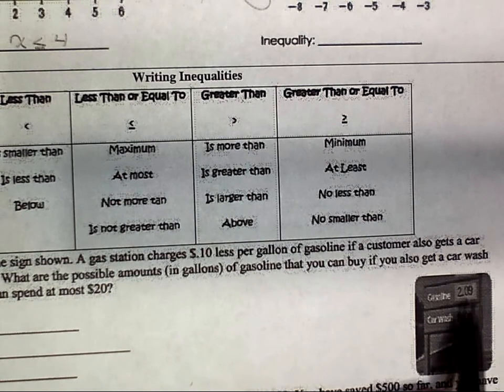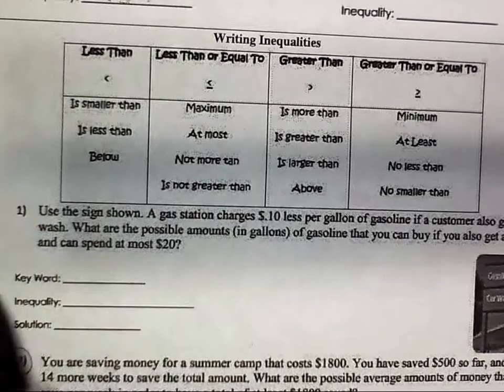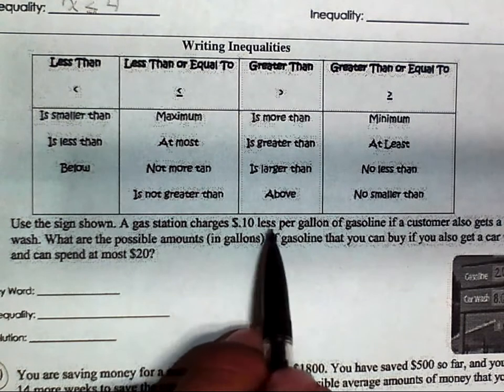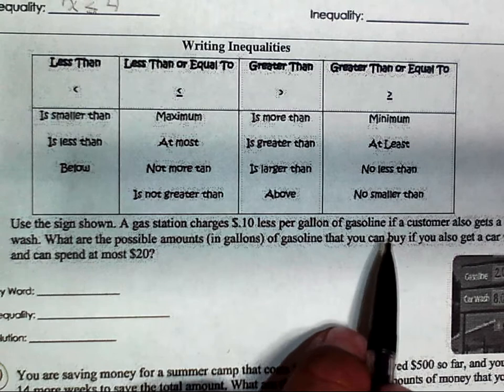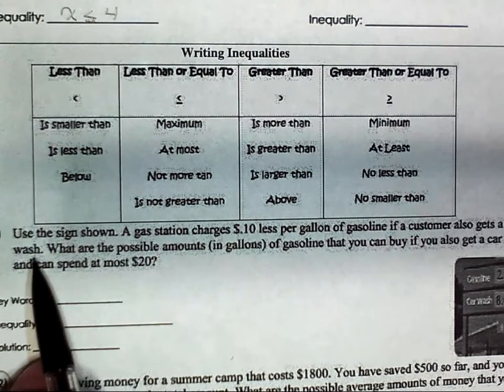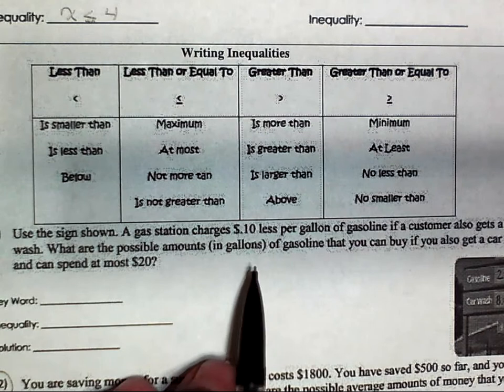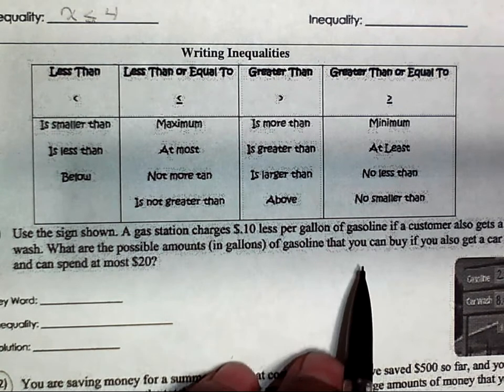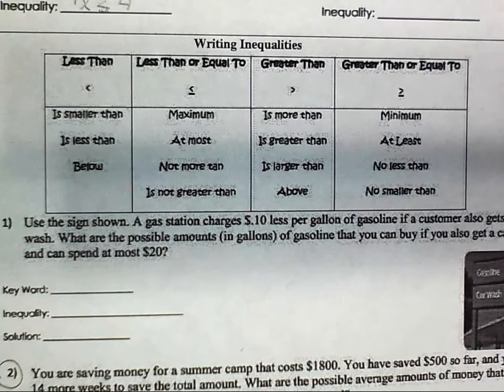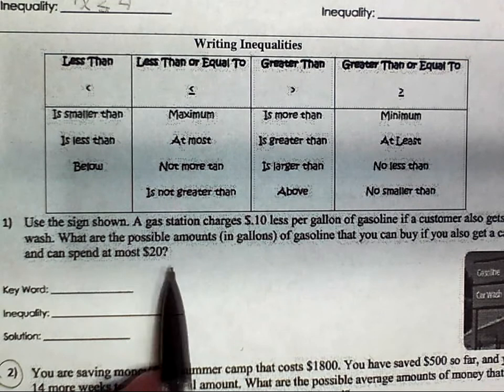Look, the gasoline is $2.09 and the car wash is $8. That's what I'm reading because it says here use the sign. So a gas station charges 10 cents less per gallon of gasoline if a customer gets a car wash. What possible amounts in gallons of gasoline can you buy if you get a car wash? But look at this, and spend at most $20.